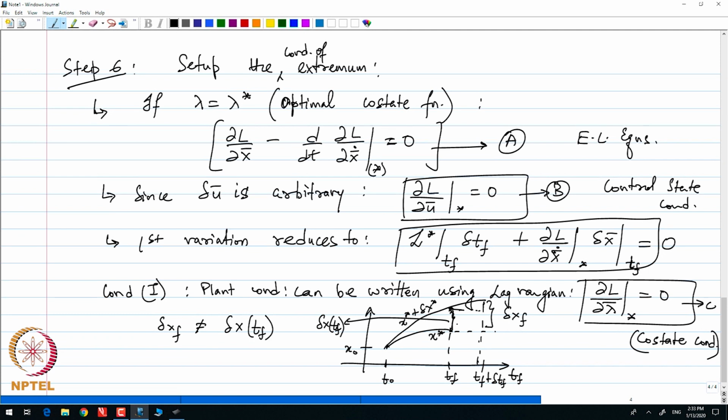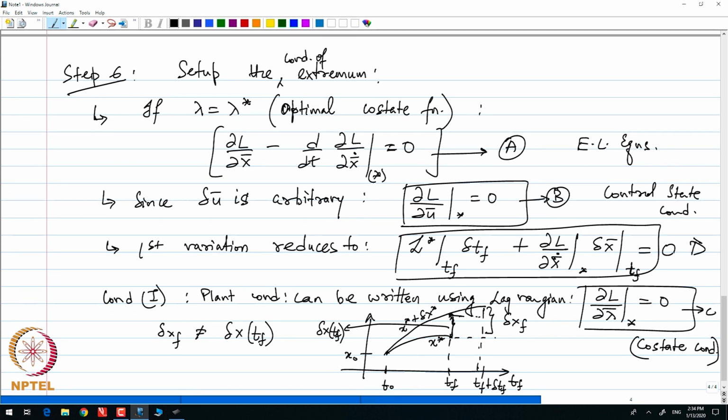So, I am going to reformulate our relation D, noting the following.